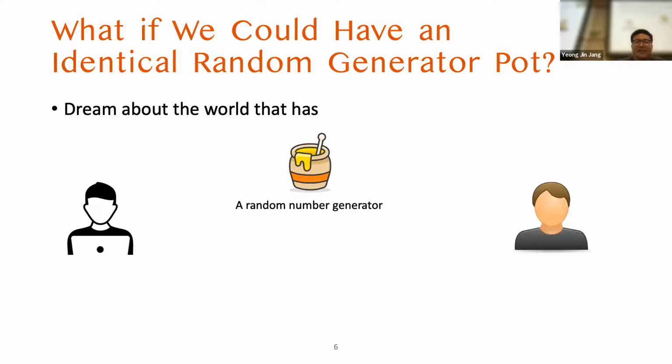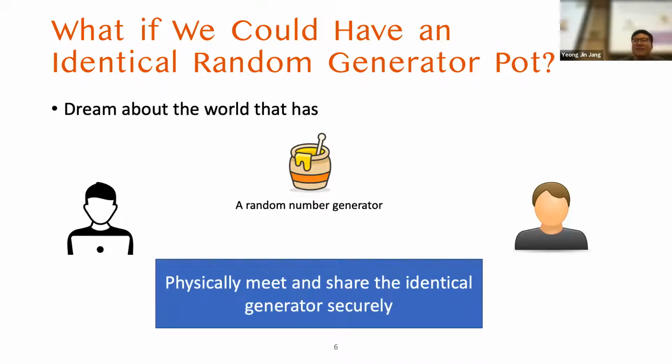Suppose we can physically meet and share this random number generator, not the 1 GB of key. If that generator is smaller than 1 GB, then it's quite efficient to use it as a random number drawer and send a huge amount of data.